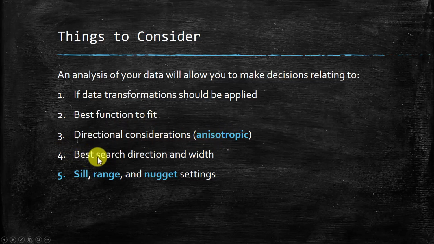From that, you can define a best search direction and width to understand that directionality, and then by looking at the semivariogram, you can specify sill, range, and nugget to again model local spatial variability and spatial autocorrelation.